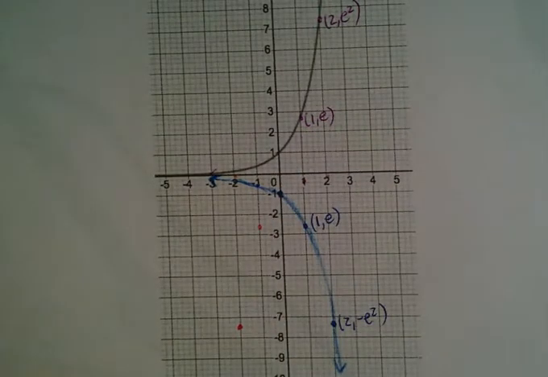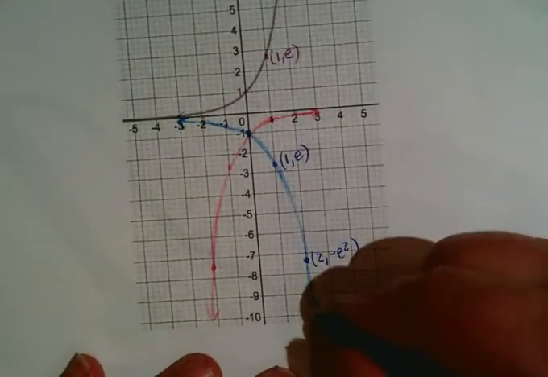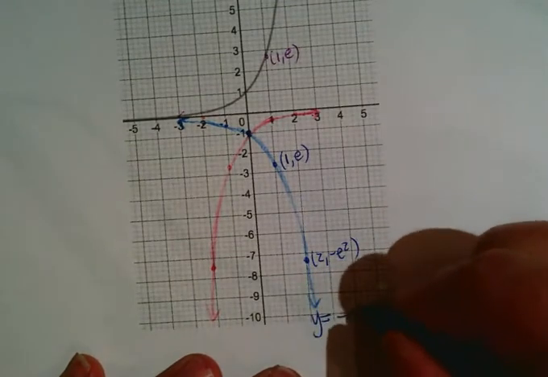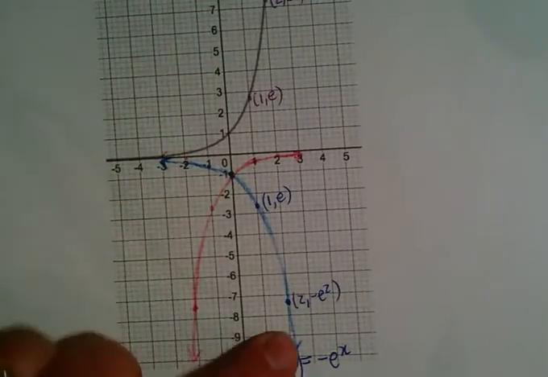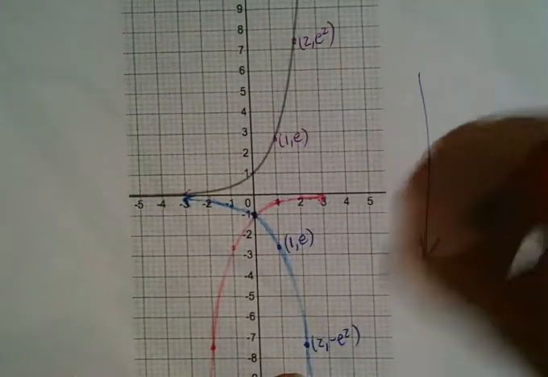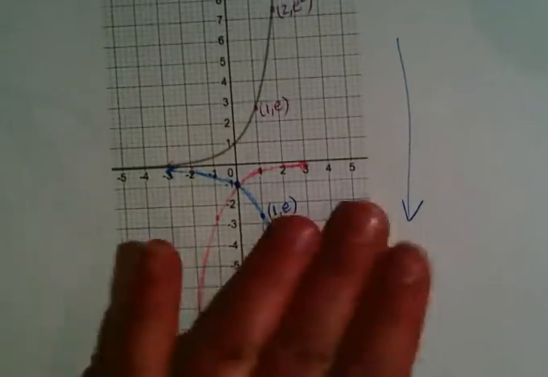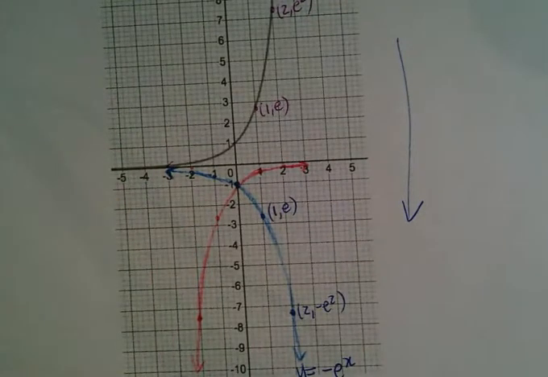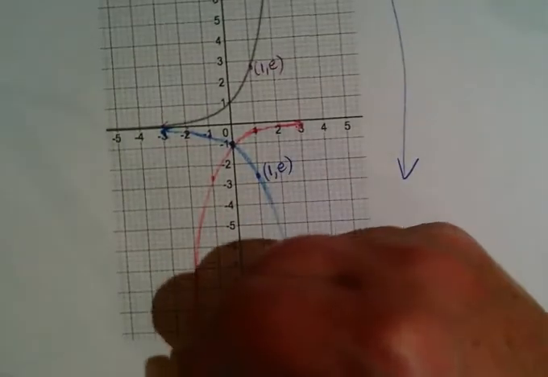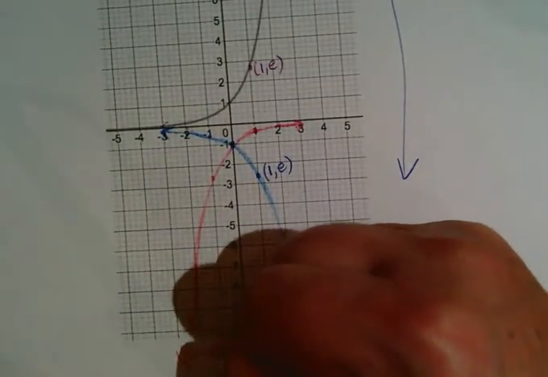So just sketching your curve. This one is y equals negative e to the x, which is a reflection of e to the x. So that one was reflected down. And then this one, the red one, is the blue one reflected across the y-axis. So this is y equals negative e to the negative x.